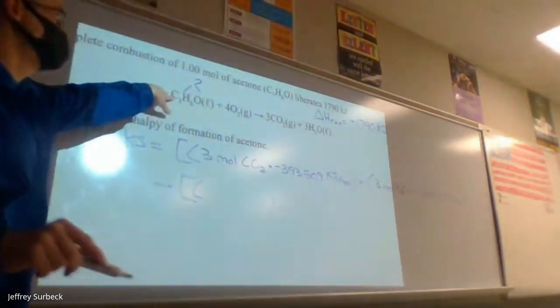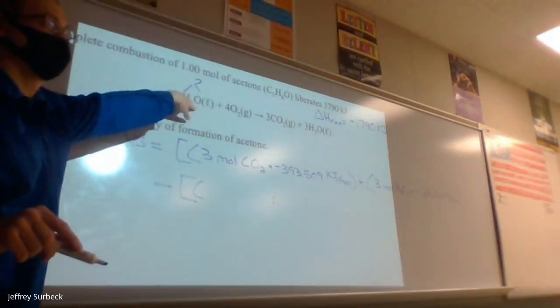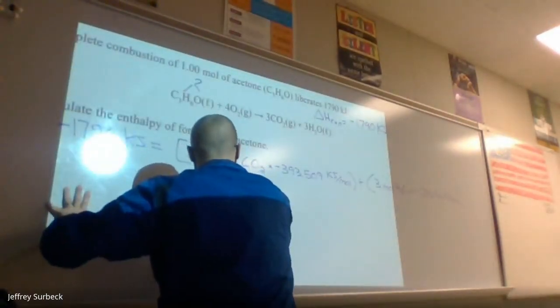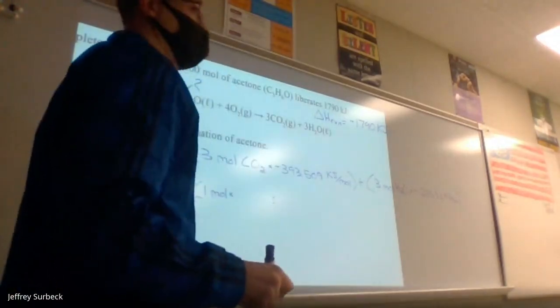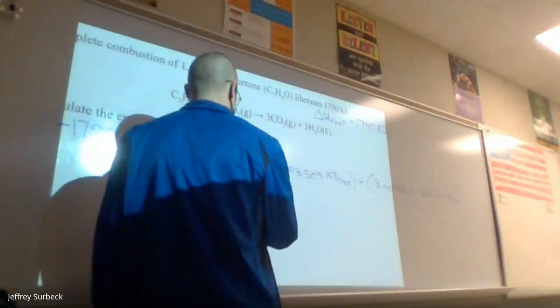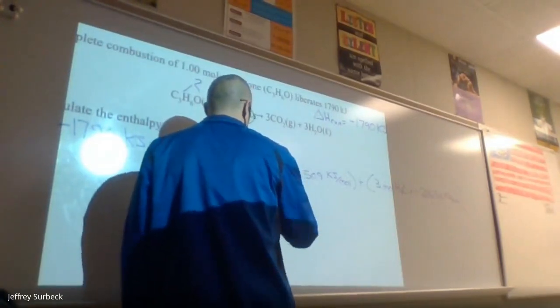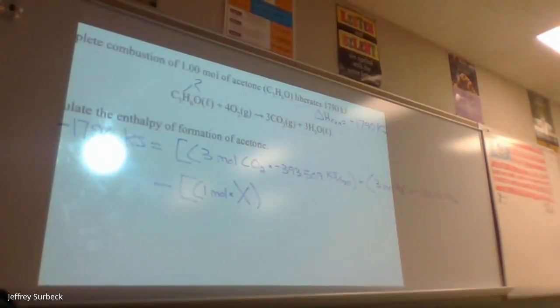how many moles of acetone or the C3H6O? 1. This is going to be really important. So we have 1 mole times the value we don't know. So this is going to be times an X. And ultimately, we want to find that X. So I'll have to do a little bit of algebra to get to that point there.